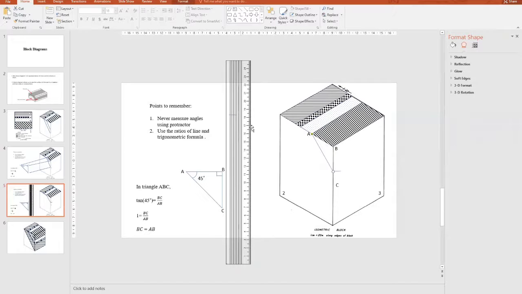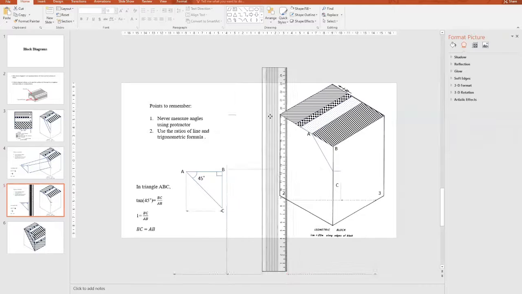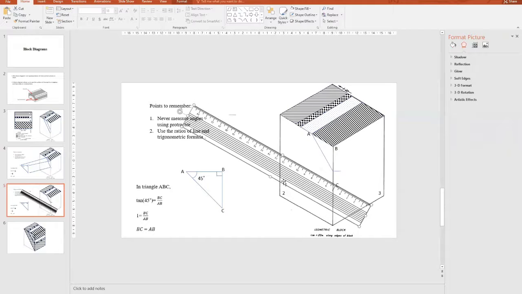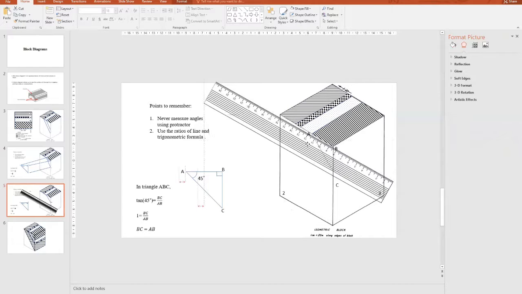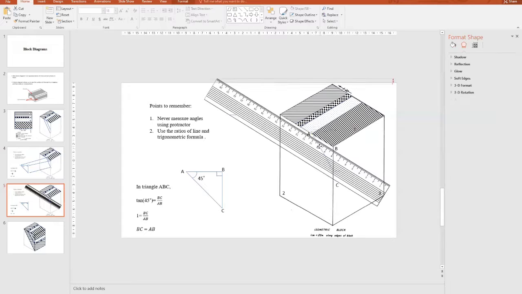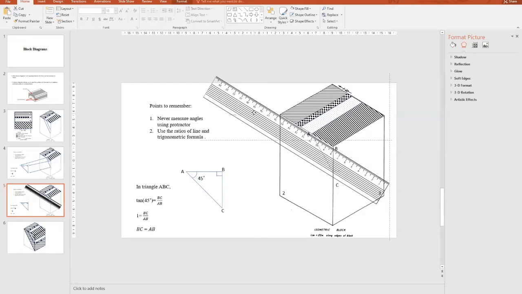Similarly, if we want to draw the other bed, we can simply measure another distance, the horizontal distance, which if we see here, always make sure that the scale is parallel to the edge of the block. So if we see, this is 1, 2, 3, 4, 4.8.